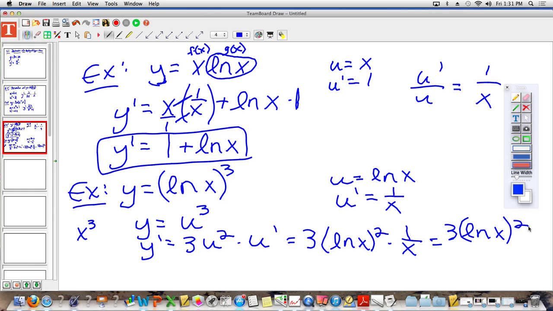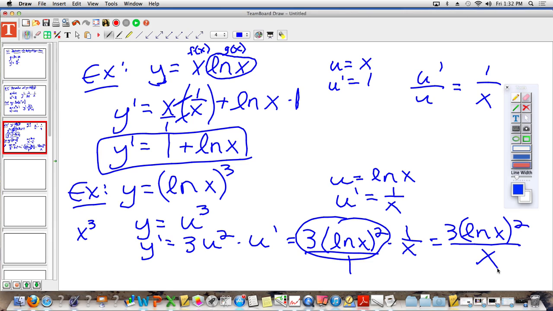The x is on the bottom. This right here is over 1, so numerator times numerator is 3 ln of x squared, over denominator times denominator, which is 1 times x, which is x. It's not horrible, right? No.